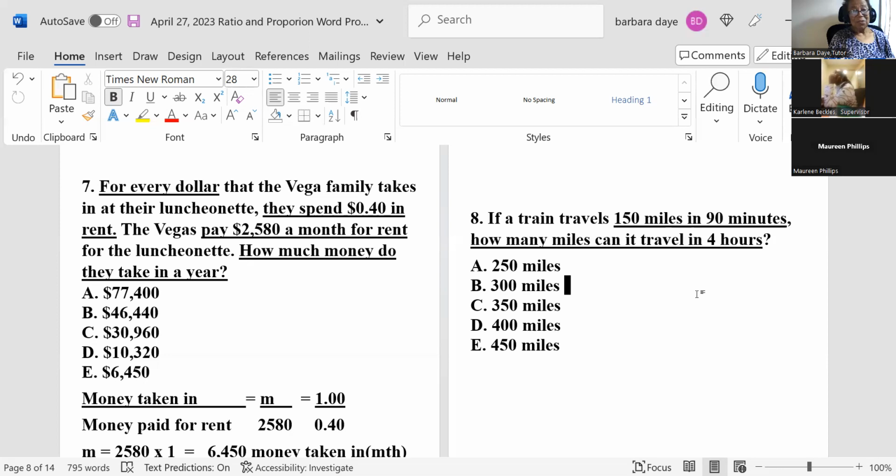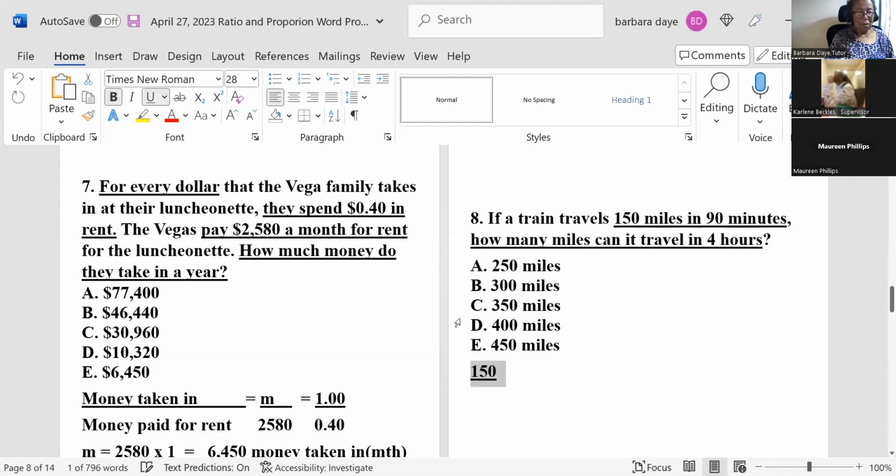If you set it up as a ratio, how would it look, Maureen? Any ideas? It'll be 150. Okay, let me set it up as you said, as a ratio. 150, and that would be over what? 90.